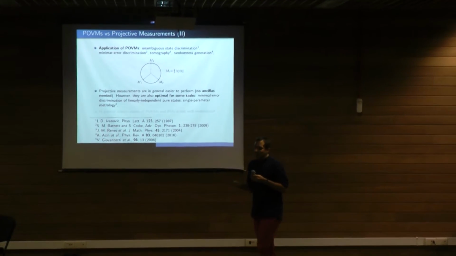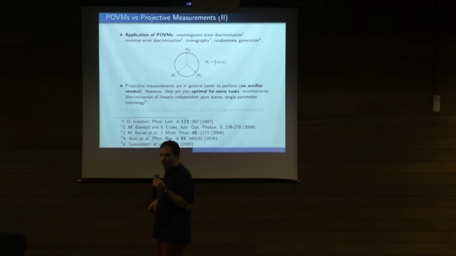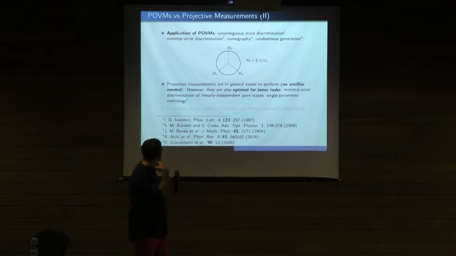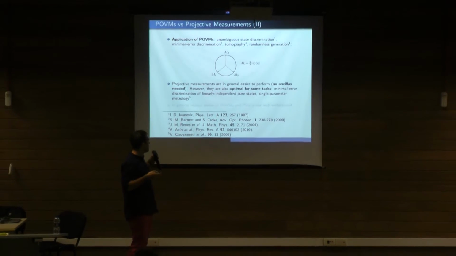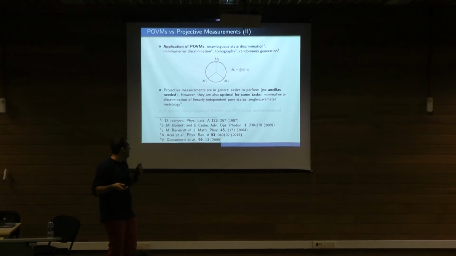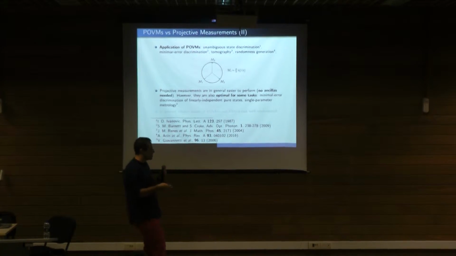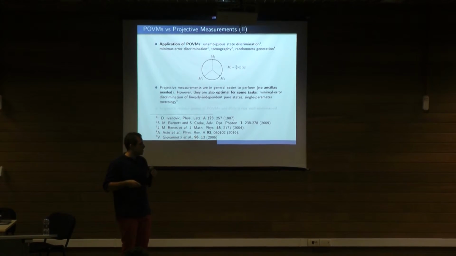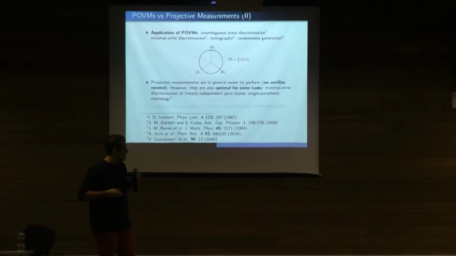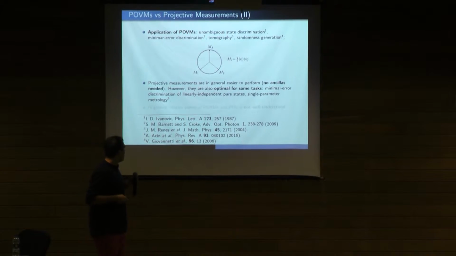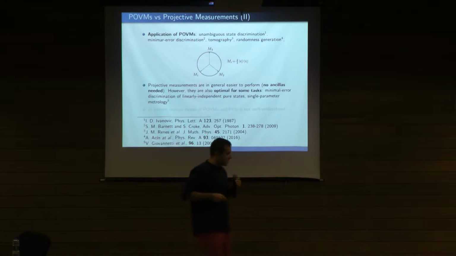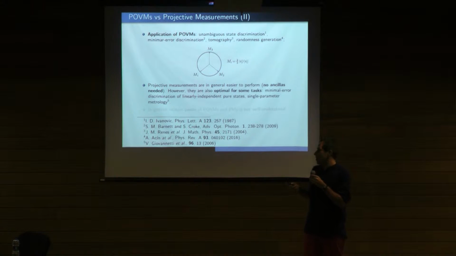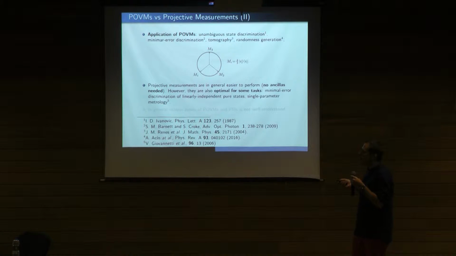Generalized measurements have many applications in quantum theory, including unambiguous state discrimination, minimal error discrimination, tomography, randomness generation, non-locality, as we heard, or steering, as we heard in the previous talk. However, there are tasks for which projective measurements suffice.